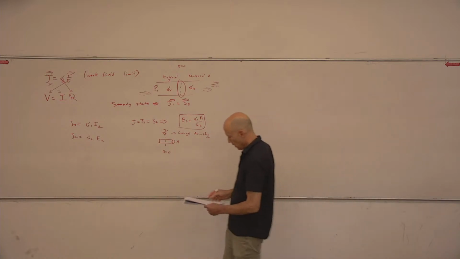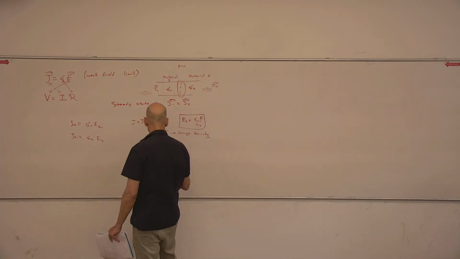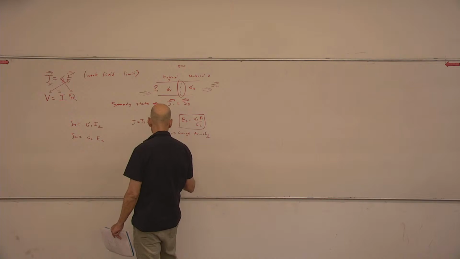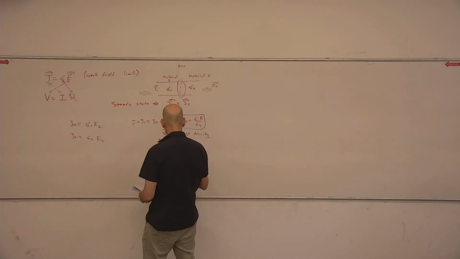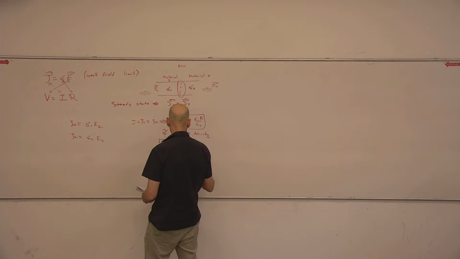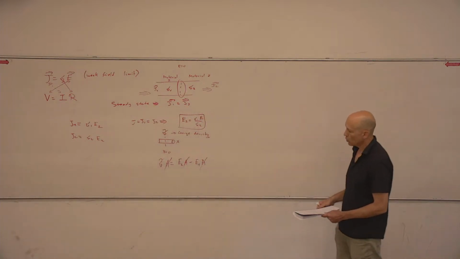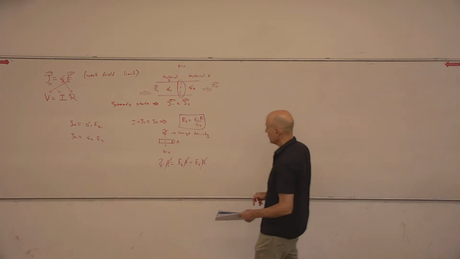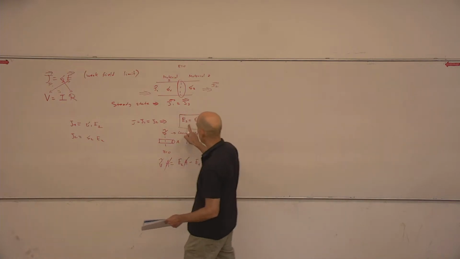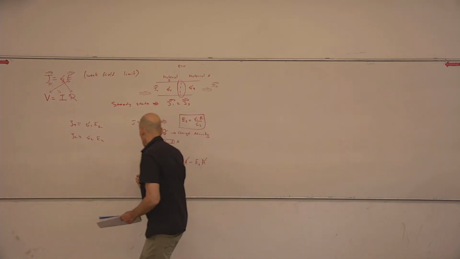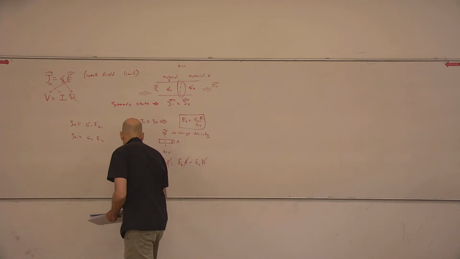Then, as usual, the charge density sigma times A equals E2 times A minus E1 times A, so I can cancel the A's. And I know E2 and I know E1, and then by plugging in these numbers, I can say what the charge density is.